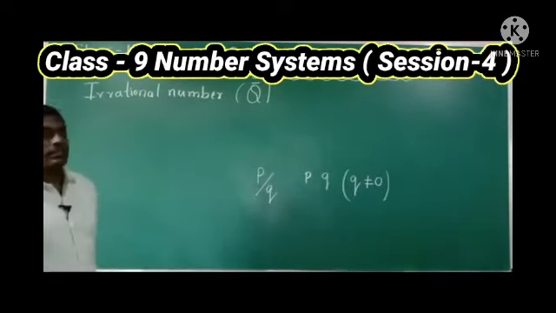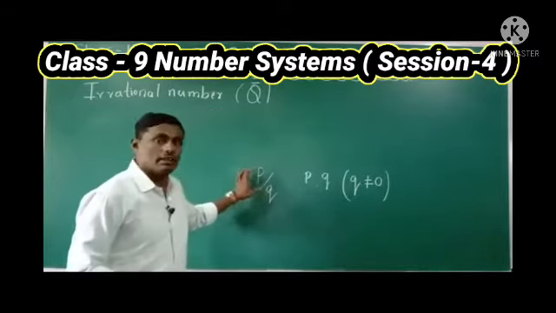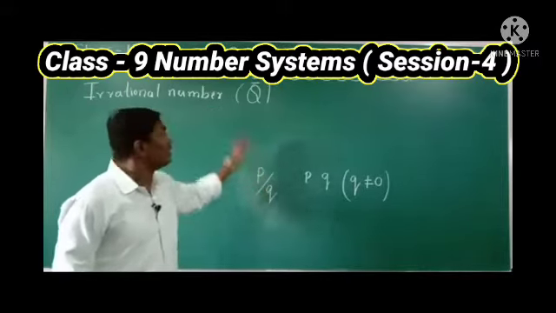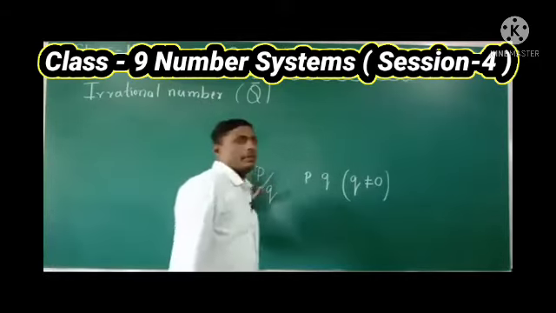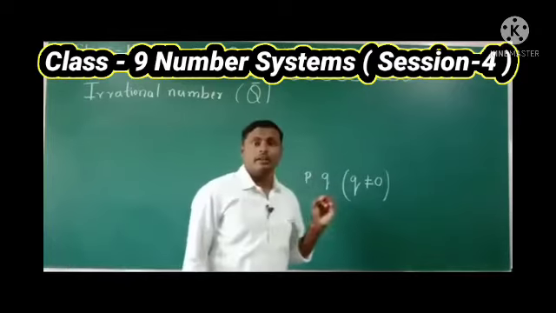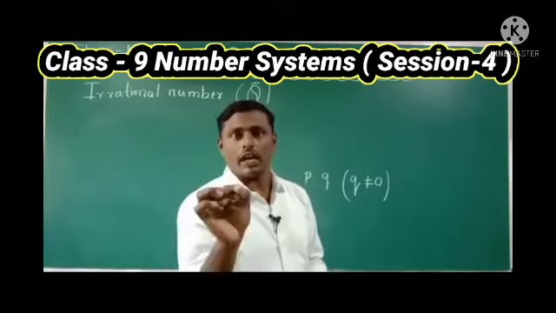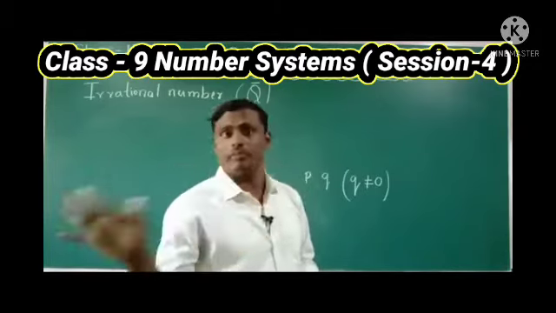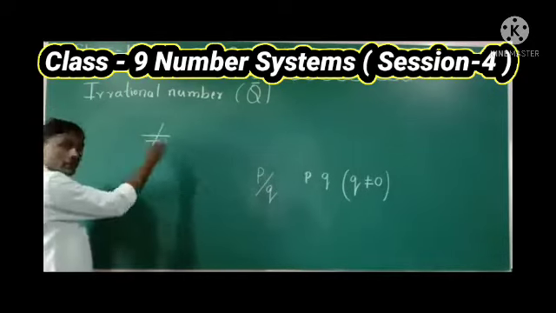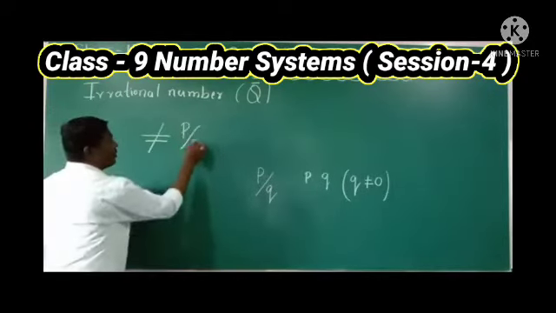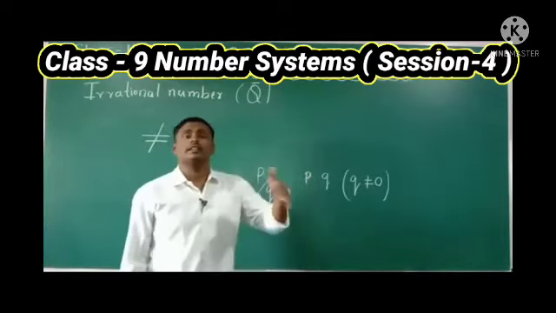Now come to the concept of irrational numbers. If we represent the rational numbers in the form of p by q, the irrational numbers we cannot represent in the form of p by q. So how can you define the irrational number? The numbers which we cannot represent in the form of p by q, where p and q are integers and q is not equal to 0.